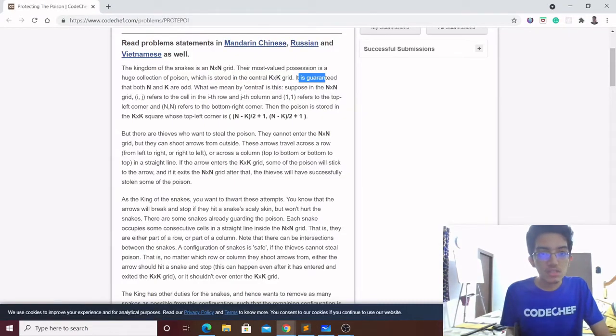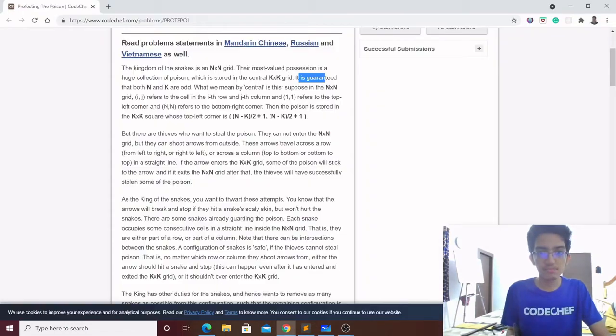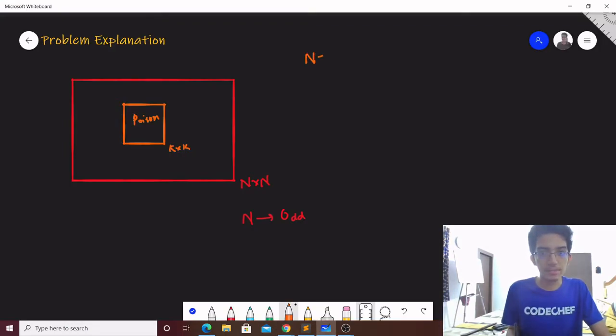We are given the starting position of this poison grid, which is (n minus k) by 2 plus 1 comma (n minus k) by 2 plus 1. This is the starting index or the top left corner of the poison grid.